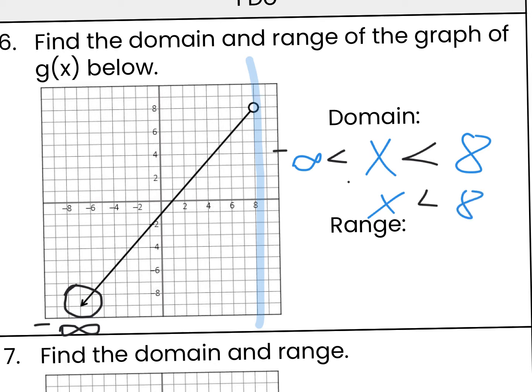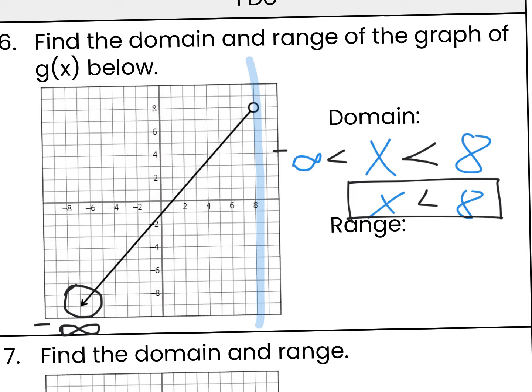And this is how you would probably see this on an exam for a question like this. When you have an arrowhead, it will only just care about one endpoint because that's where you stop. So here, any value less than 8 satisfies the graph of this function.